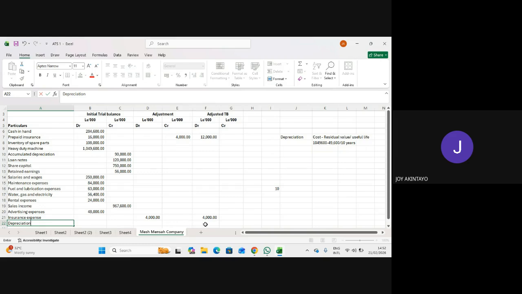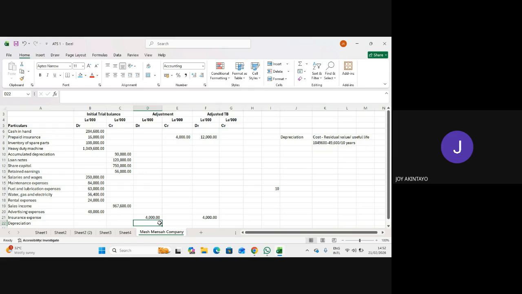Depreciation is a loss on the company, so we use it to reduce the cost of the assets.